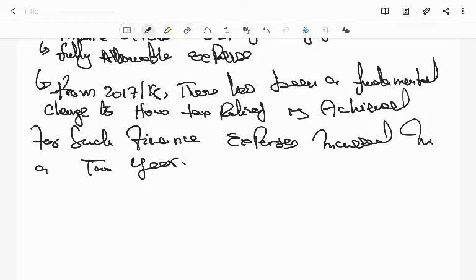In 2019-20, 25% of finance cost will be allowed as an expense deduction against rental income, right?